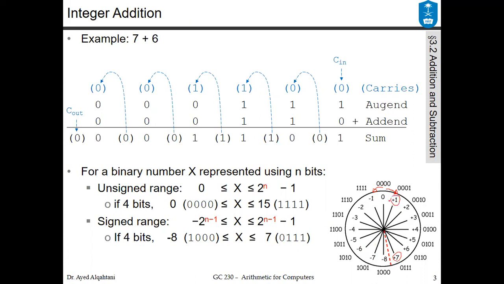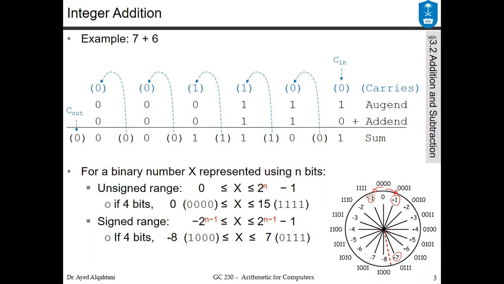So we have plus 1 on the right and minus 1 on the left. The representation for plus 1 is 0, 0, 0, 1, and for minus 1, all ones.